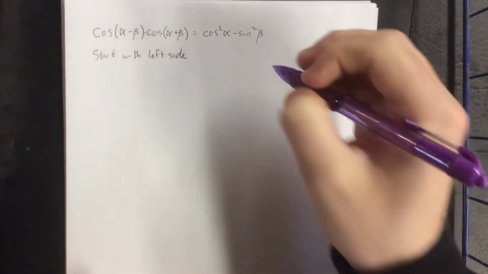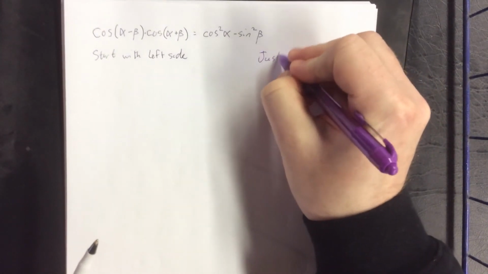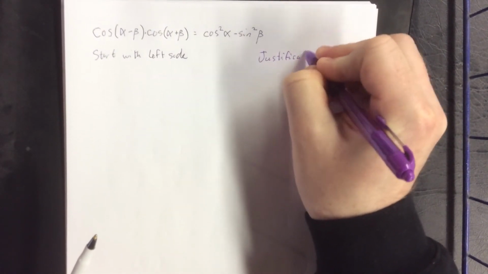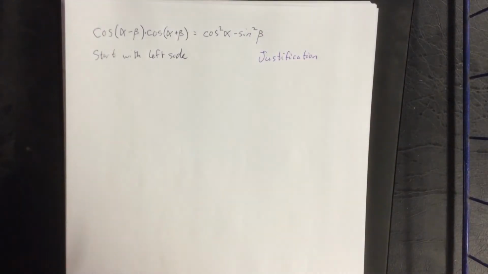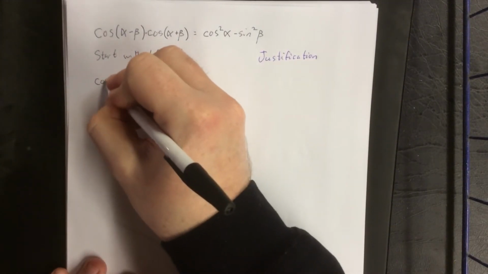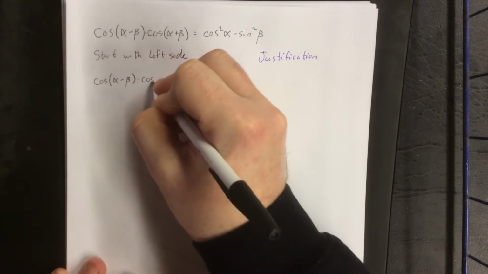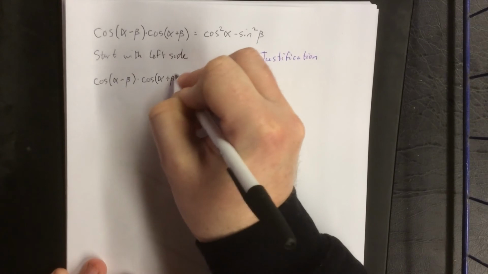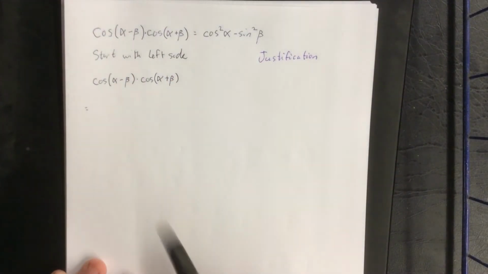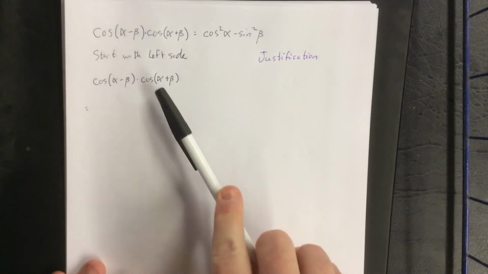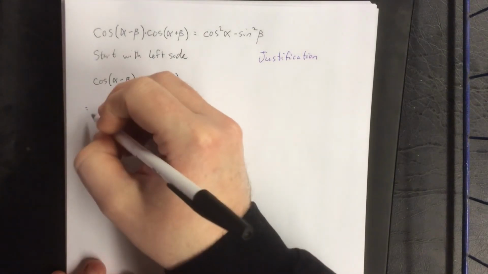And I'm going to include some justifications in purple. So on the left-hand side, we have the cosine of alpha minus beta times the cosine of alpha plus beta. I would like to apply the cosine of a difference formula and the cosine of a sum formula.